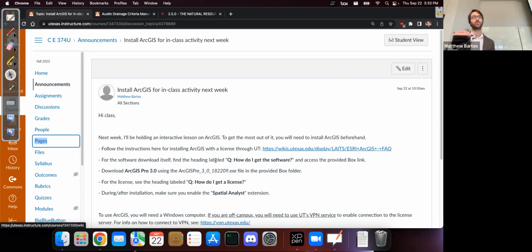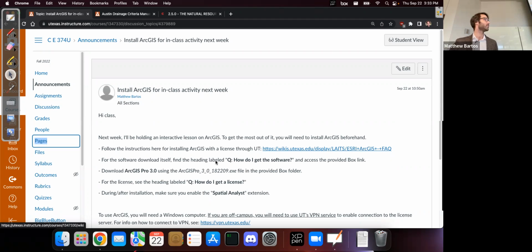So just make sure you take care of all that so that we have the software ready to go for next week. You can use an existing version, but I think the safest thing to do would be to update it. You just follow the same instructions, and it overwrites your existing installation when you do this.